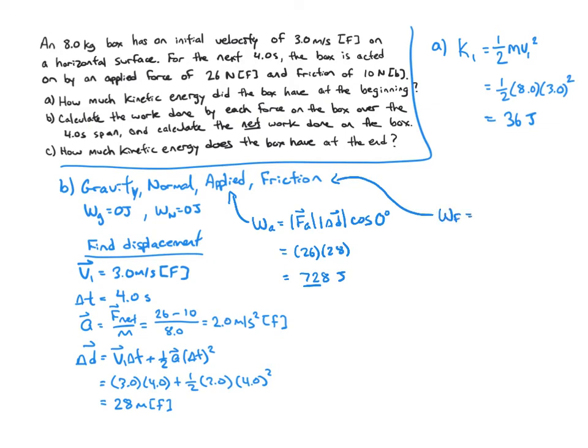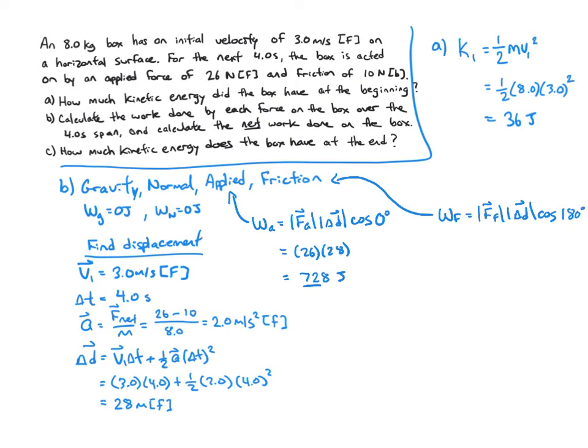So same idea, it's the force of friction, magnitude, times the displacement, magnitude, times cosine of the angle between friction and displacement. Well, this time friction is backwards, while the displacement is forwards. So they're in exact opposite directions to each other. That's a 180 degrees difference.